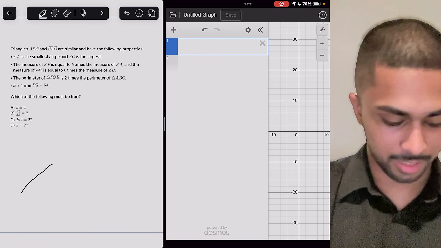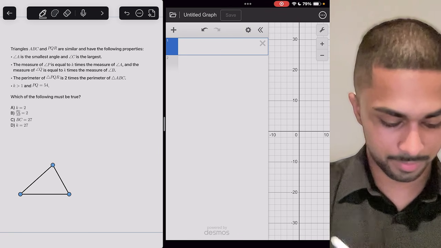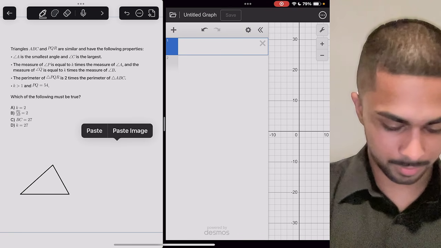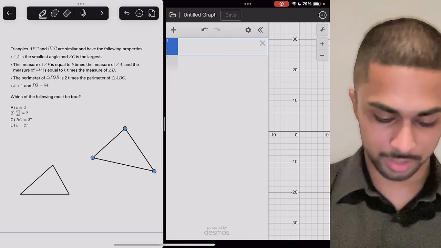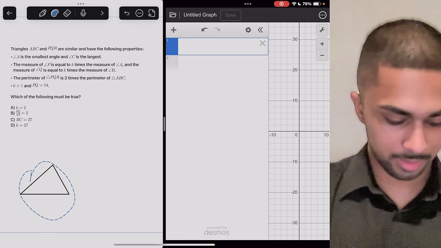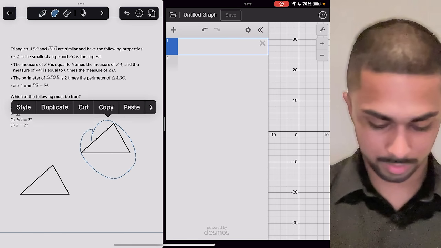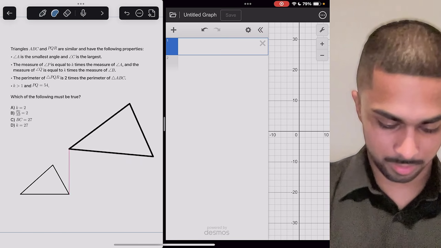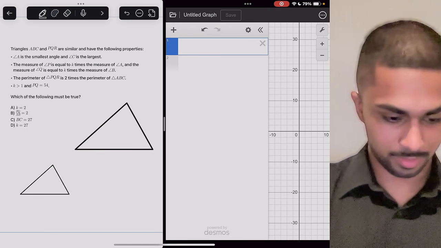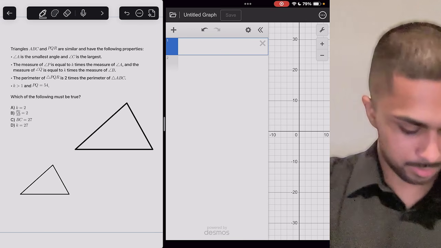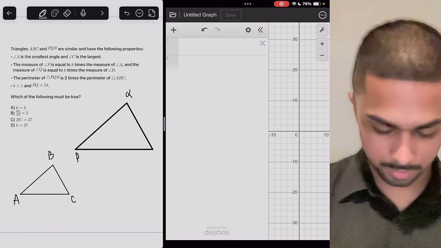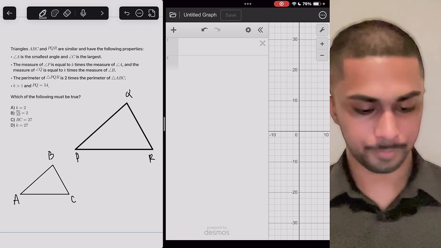Your first instinct should be to draw it out. And since these are similar triangles, I'm going to do my best to duplicate this. There we go. Okay.